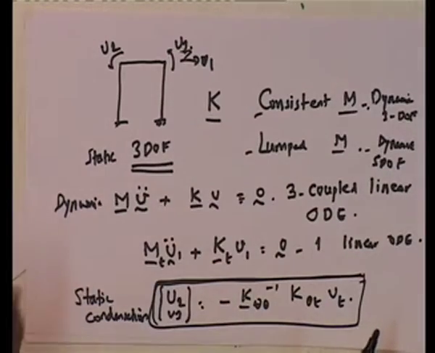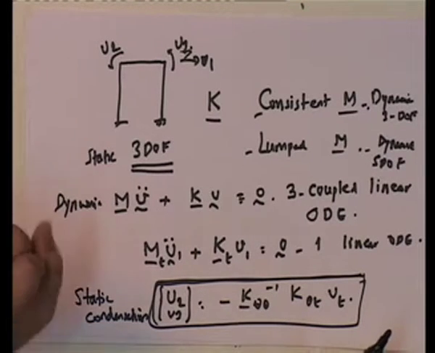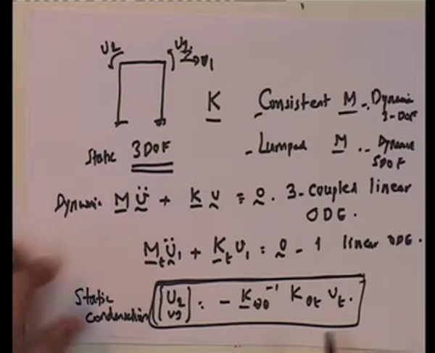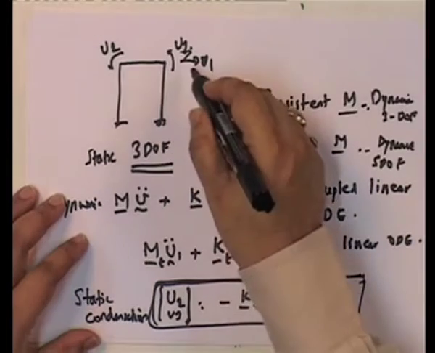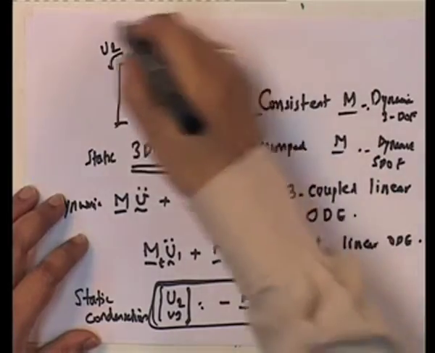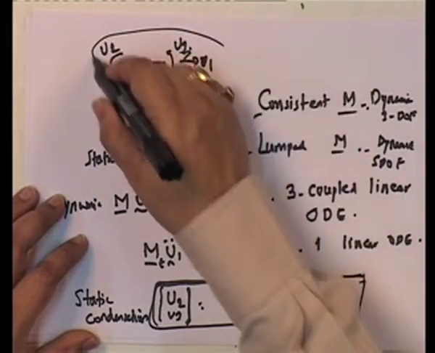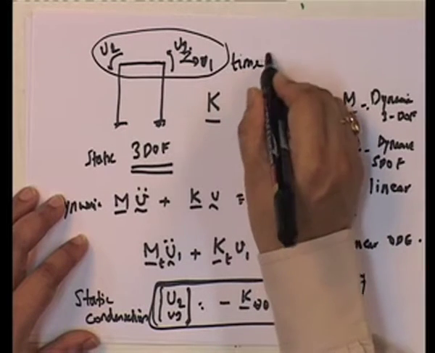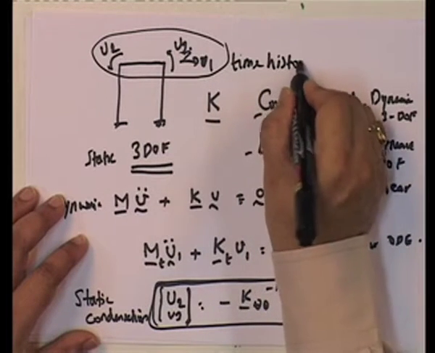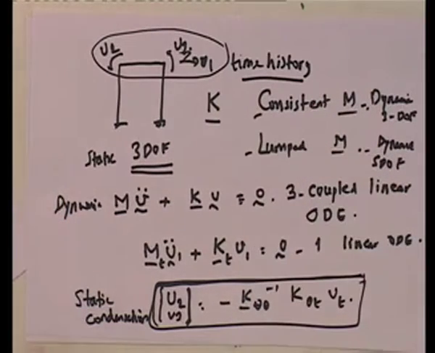So, the difference is that you still solve only a single degree of freedom dynamically, but then you have to go back and use this to get these 3. You have to find out the time history of all of these to be able to get any response.